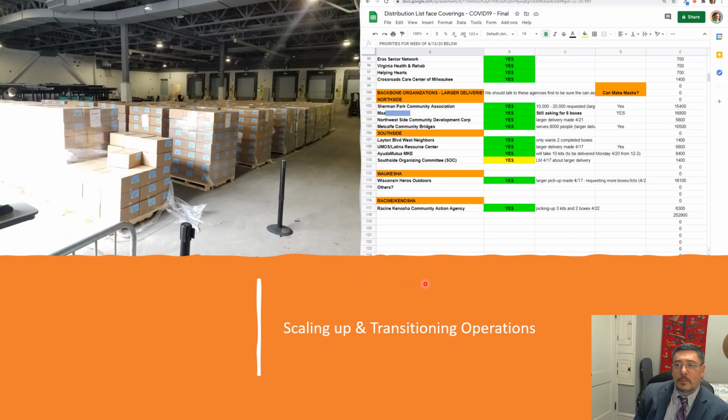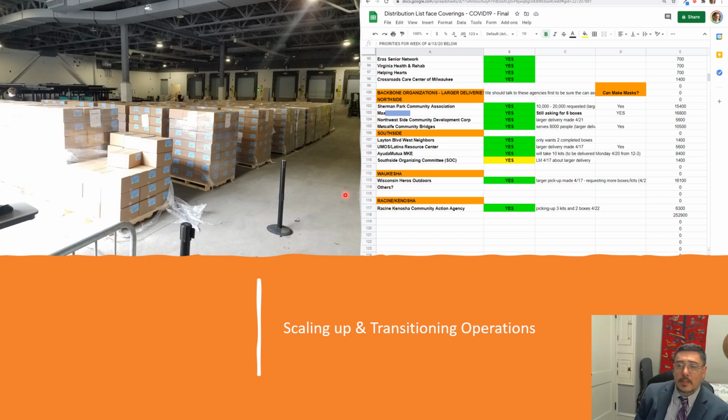And toward the end of the process, we actually started concentrating on depot deliveries, going back to what we had assumed would happen at the early stage of the disaster. As agencies started to reopen, it was possible to deliver very large-scale amounts of masks to them. And so we concentrated on backbone organizations on the north side and the south side, and also in some outside counties as well.